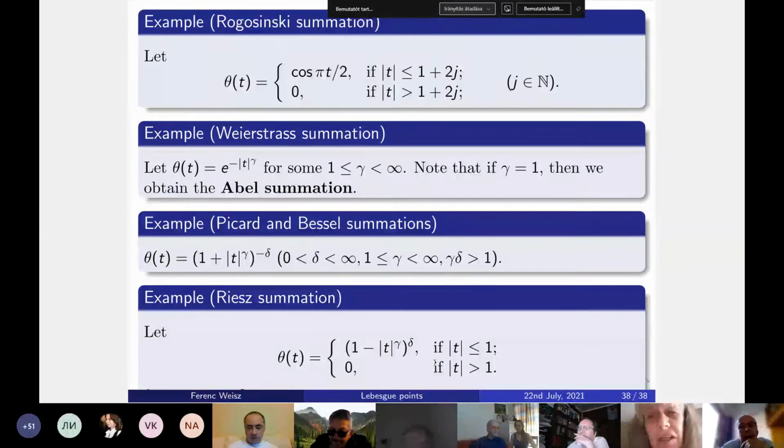I think that Lebesgue points can be more or less described also in those terms, but I did not study summability. I studied, for example, the order of growth of square partial Fourier sums. But I guess there is some connection between this generalization of Lebesgue points and those ones.